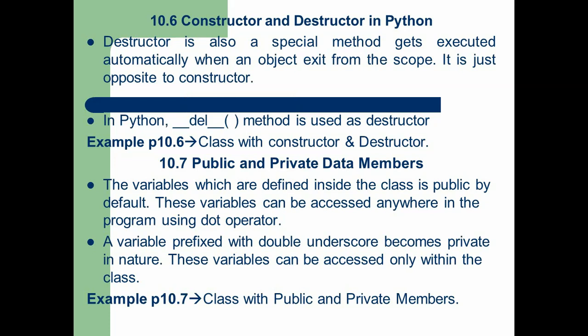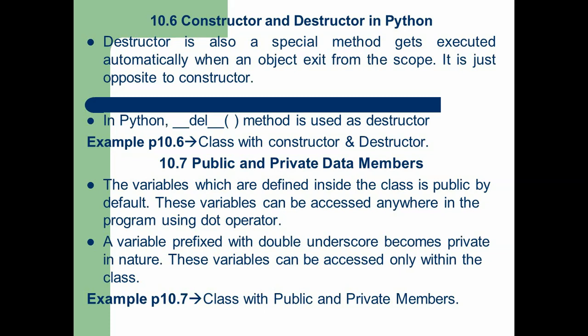But a variable prefixed with a double underscore becomes private in nature. These variables can be accessed only within the class.